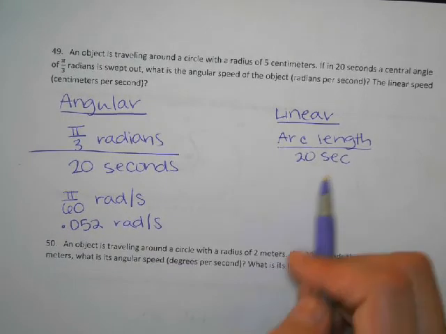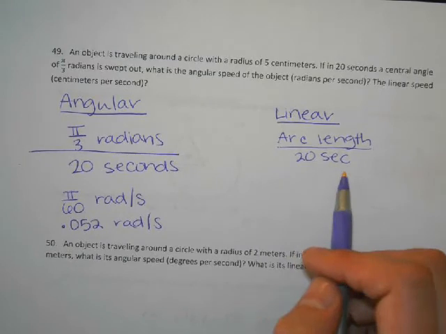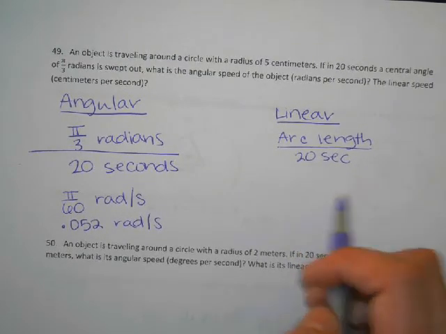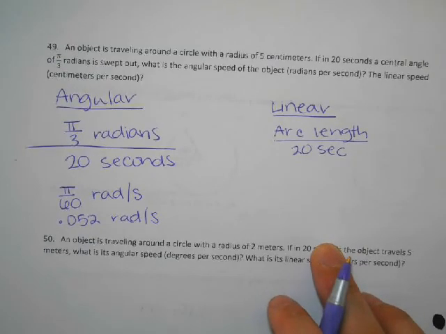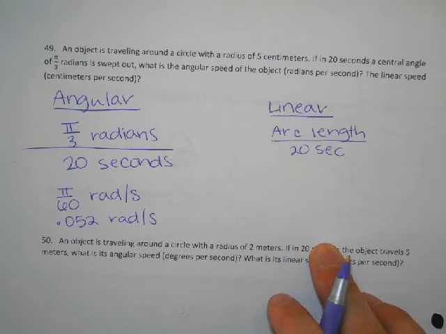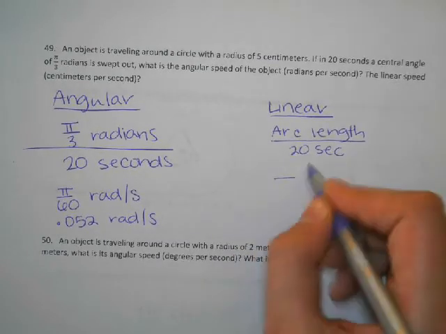All right, so here we have arc length divided by 20 seconds. How do I find the arc length for this problem? So we're going to use our formula. We're going to have something over something times something.